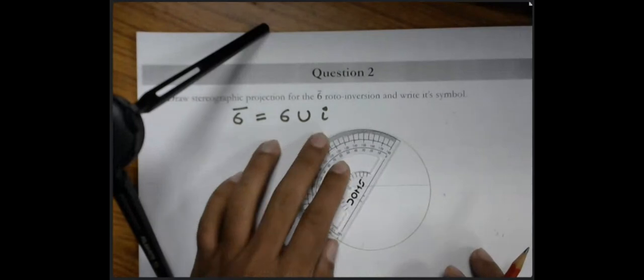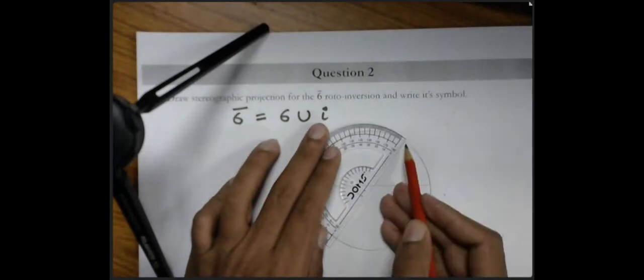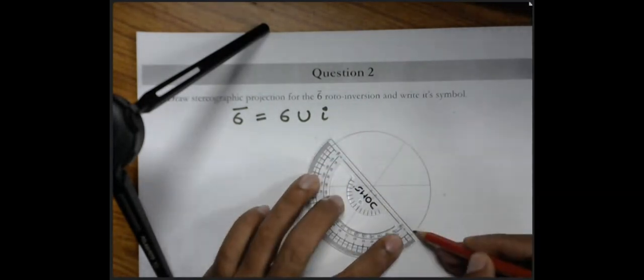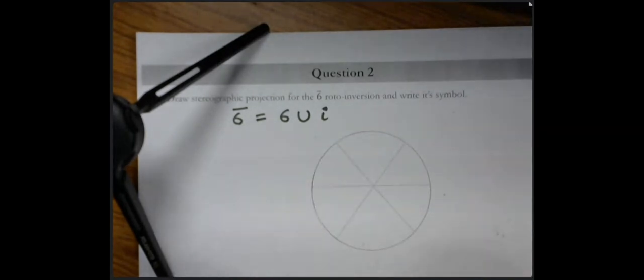So we will cut it in such a manner that we can easily do the 60-degree rotation, just like a slice of a pizza.